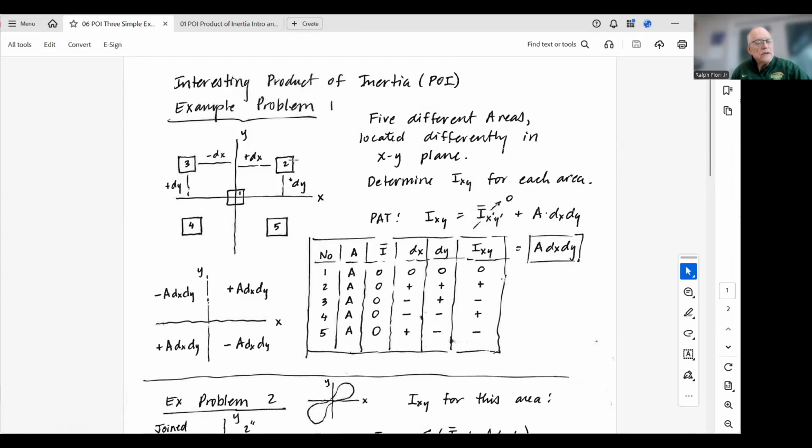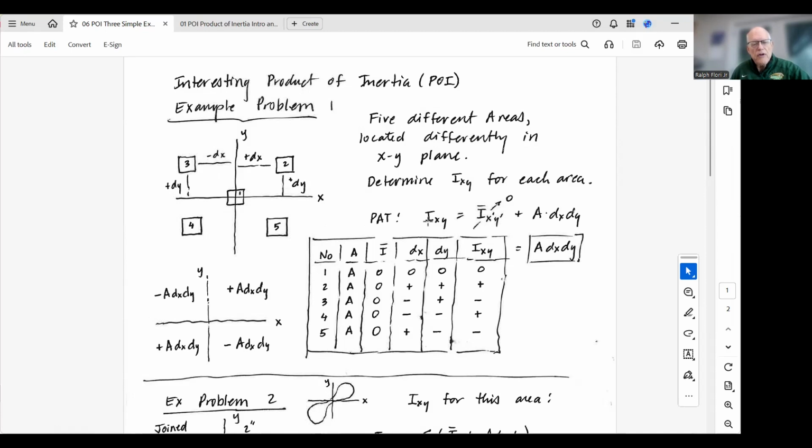There's area 2 in quadrant 1, area 3 in quadrant 2, area 4 in quadrant 3, and then area 5 in quadrant 4. We're going to use the parallel axis theorem to determine the sign of each of these areas.